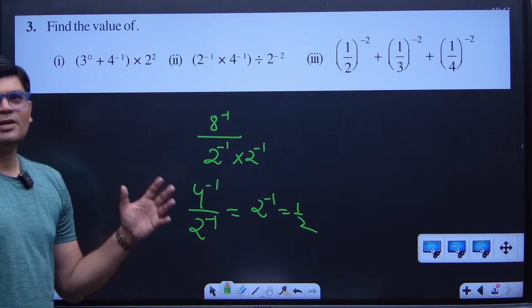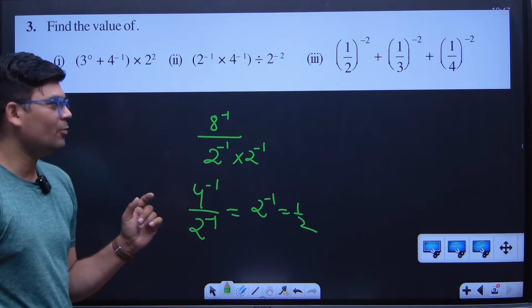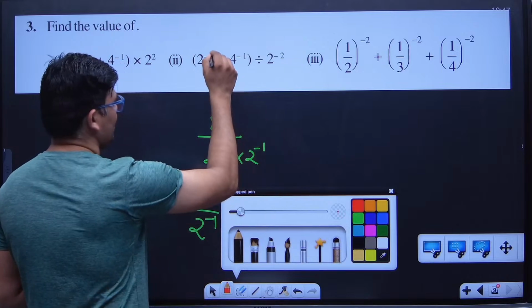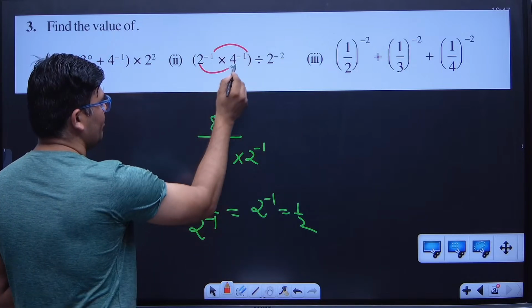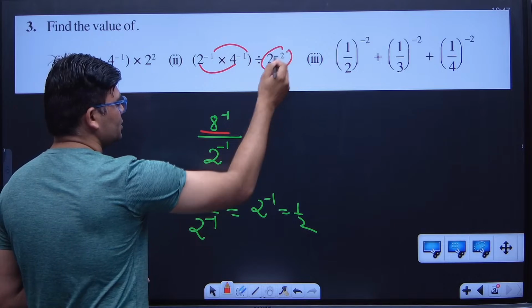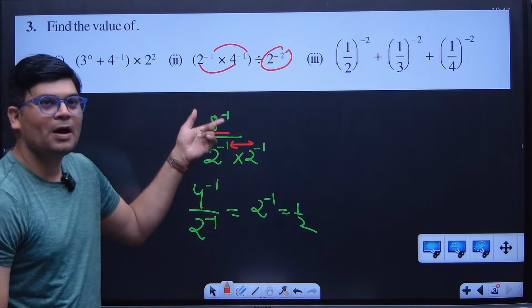So there are many ways to do a question. See, the first step that I am doing here is making use of the law of exponent. I saw that the power is same, so I multiplied the numbers. Then I broke down this number into two equal parts, because I need to make the power same.